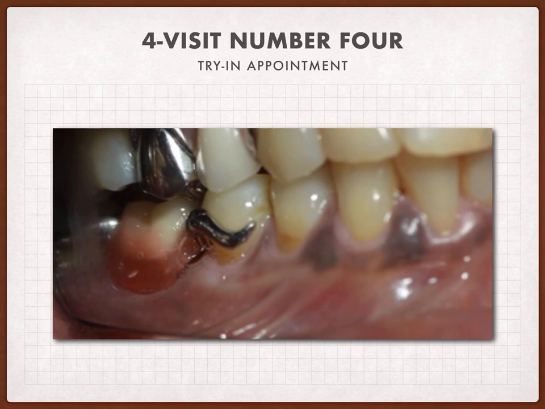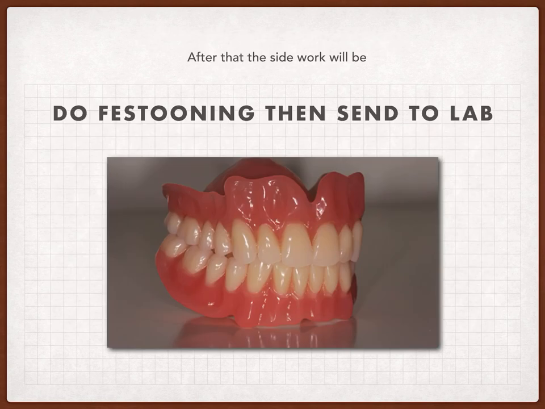And after that, the lab will get the denture again and it will do the final shaping to the wax size and shape, which is called festooning.